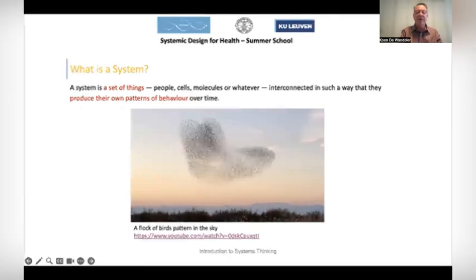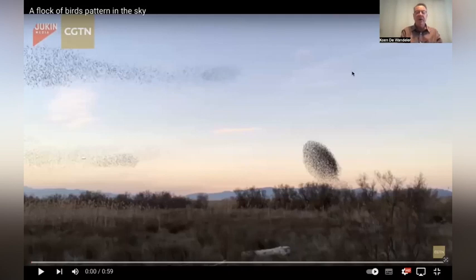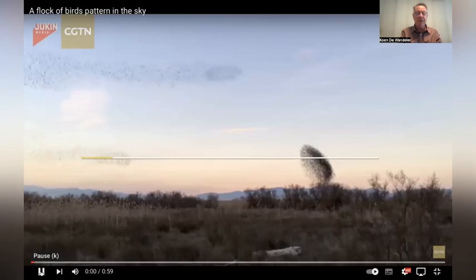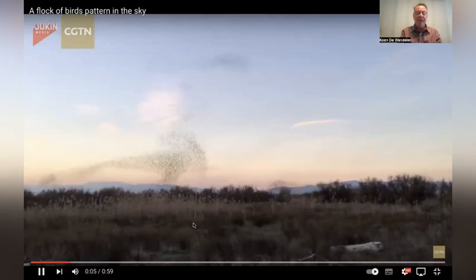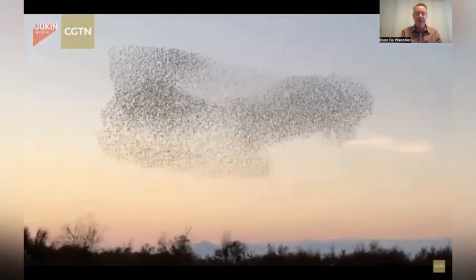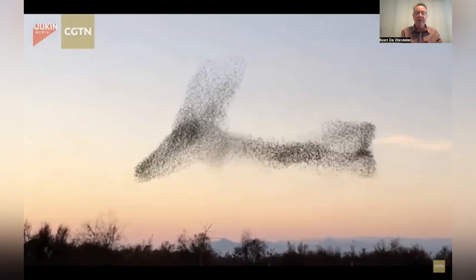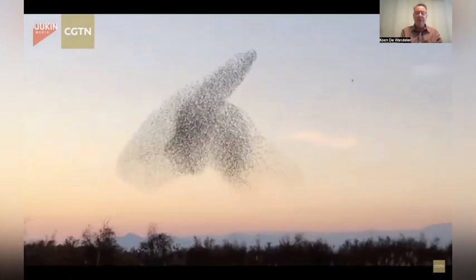Now, the best way to illustrate this is to show you a phenomenon that is quite often seen in the Northern Hemisphere, where at dusk we have flocks of starlings, particularly starlings, that are performing a kind of ballet in the sky. And it starts with a smaller flock, and that flock of birds grows bigger and bigger over time.